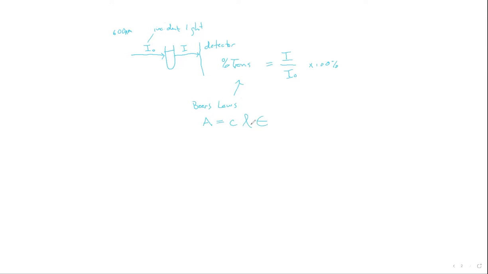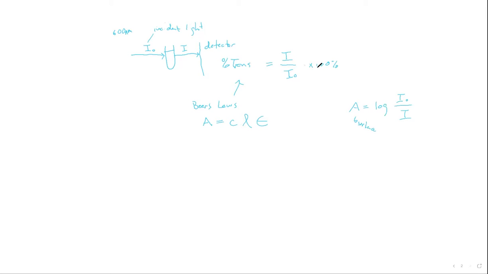And so this is a direct correlation relationship. The absorbance is equal to the log of I incident over I, I think that's what that is. And so it's a logarithmic relationship between the absorbance and percent transmittance.